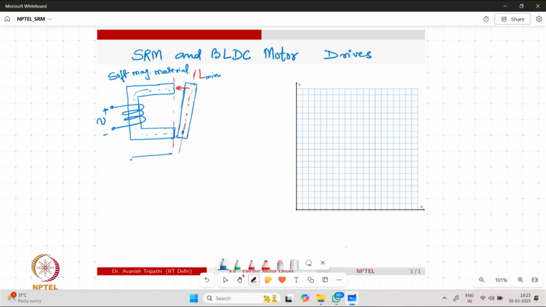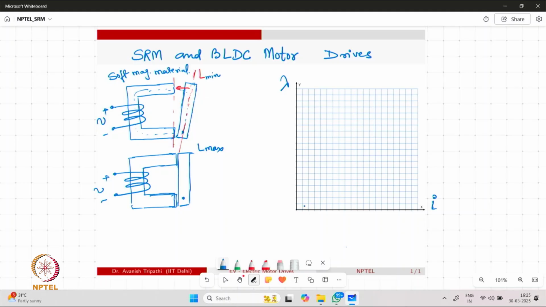In the other position, when the plunger has completely moved towards the electromagnet and is having negligible air gap, in that case we have maximum inductance for the magnetic circuit.